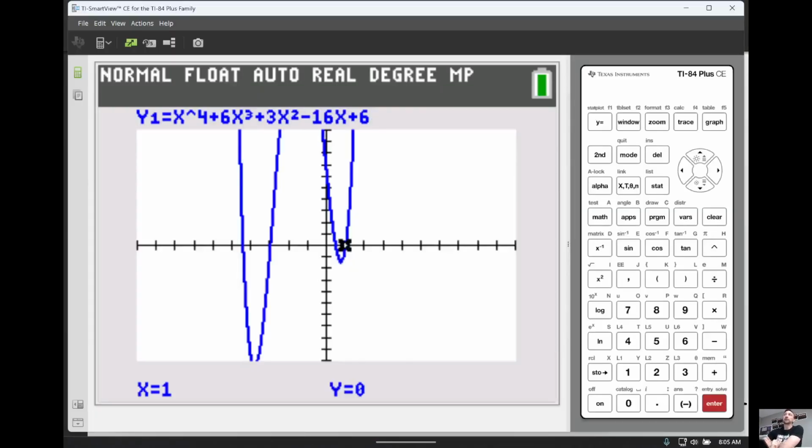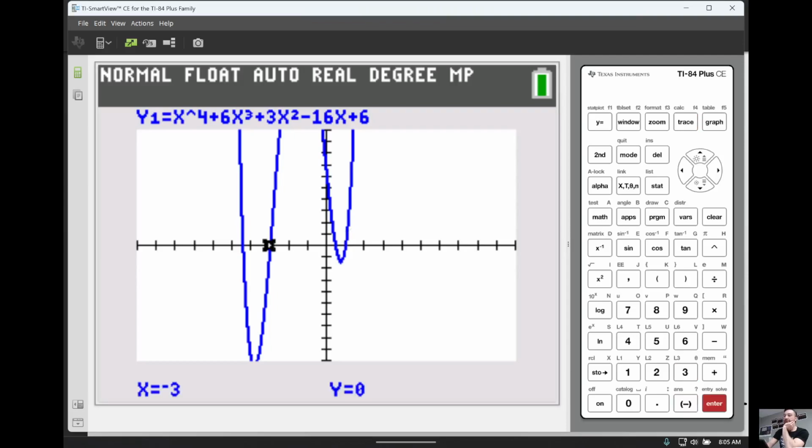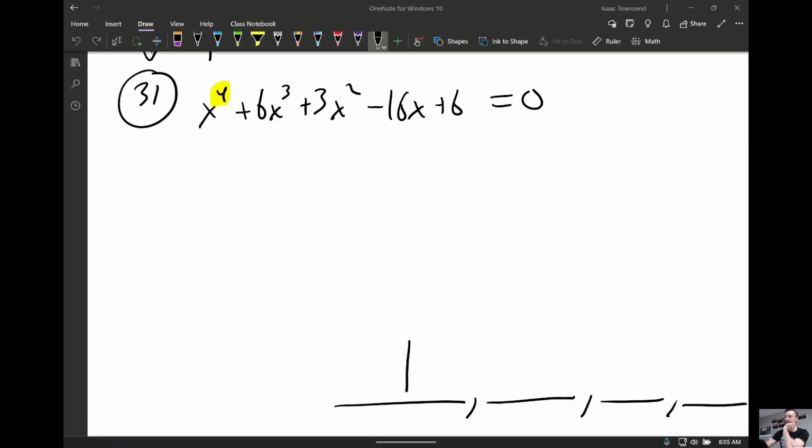What's another one you think you might know? Negative what? Okay, so trace -3 enter is exactly a 0. -3, 0. So there's the second one.